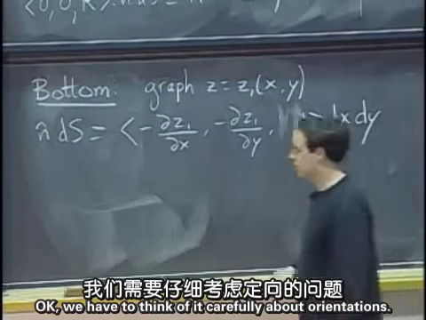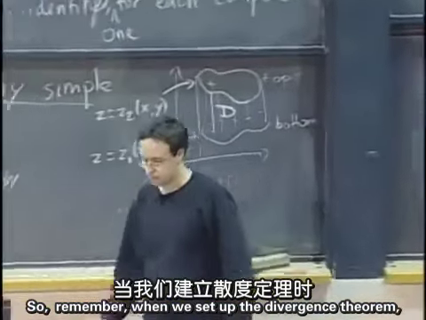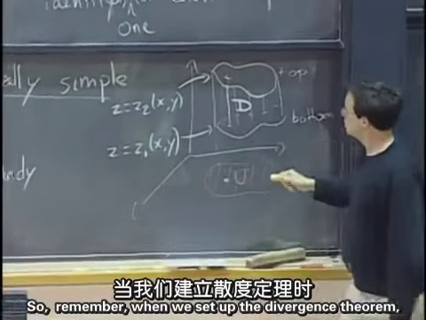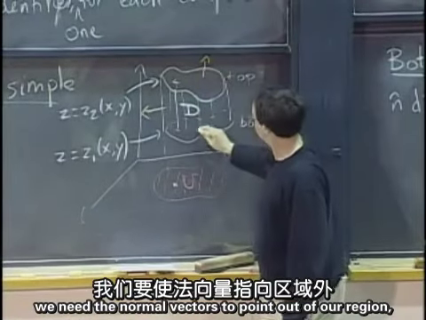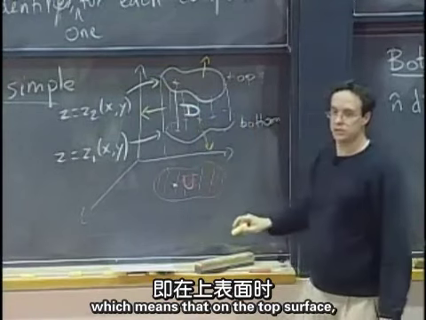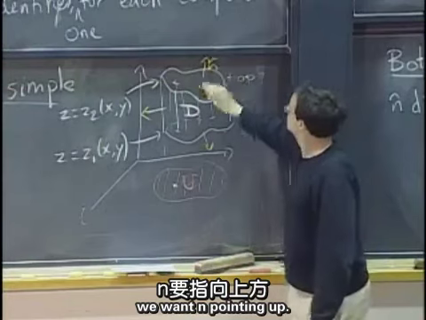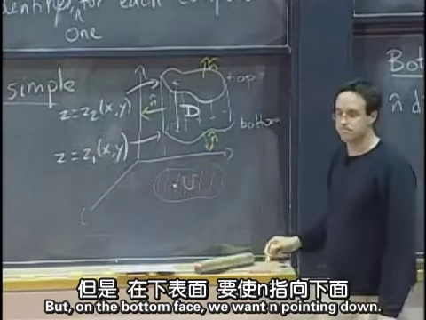We have to think a bit carefully about orientations. Remember, when we set up the divergence theorem, we need the normal vectors to point out of our region, which means that on the top surface, we want n pointing up, but on the bottom face, we want n pointing down.